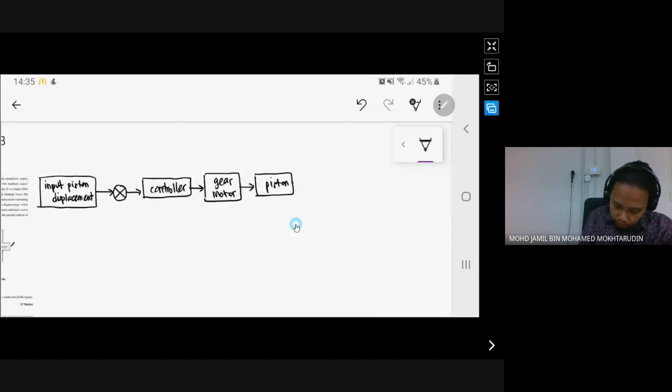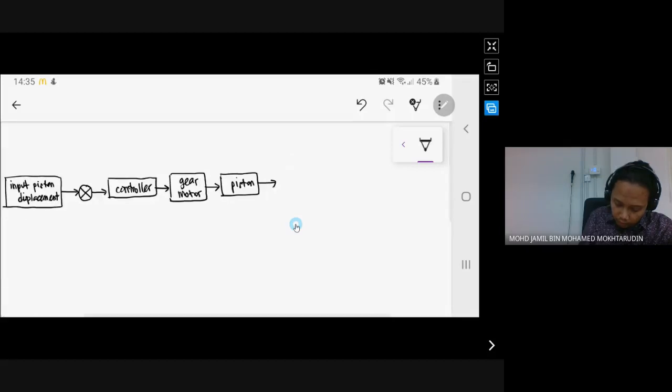And then it will leave with an output, output piston displacement.